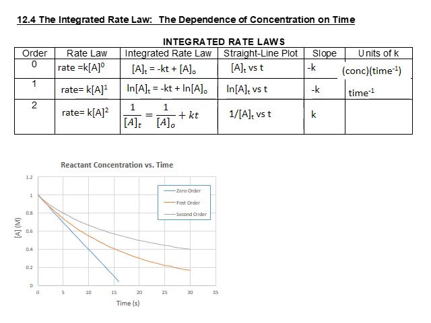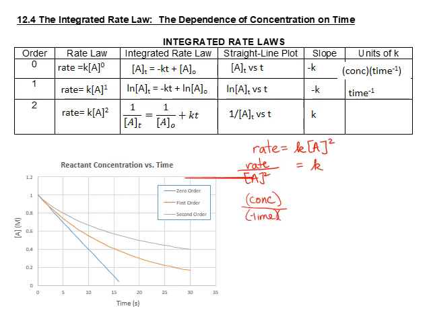The units on k in this case, to figure that out, we're going to go back to our rate equation. Rate is equal to k times the concentration of A squared. If we solve this for k, we get k is equal to the rate over the concentration of A squared. Putting in the units, rate has units of concentration per unit time.